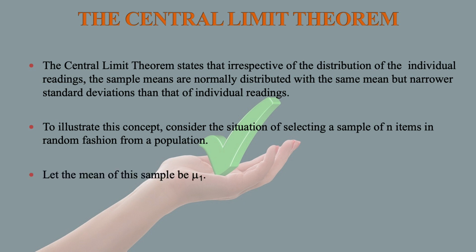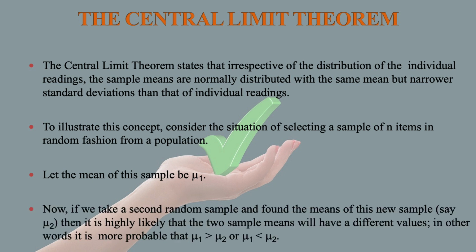Let the mean of this sample be mu1. Now, if we take a second random sample and find the mean of this new sample, say mu2, then it is highly likely that the two sample means will have different values. In other words, it is more probable that mu1 is greater than mu2 or mu1 is less than mu2.